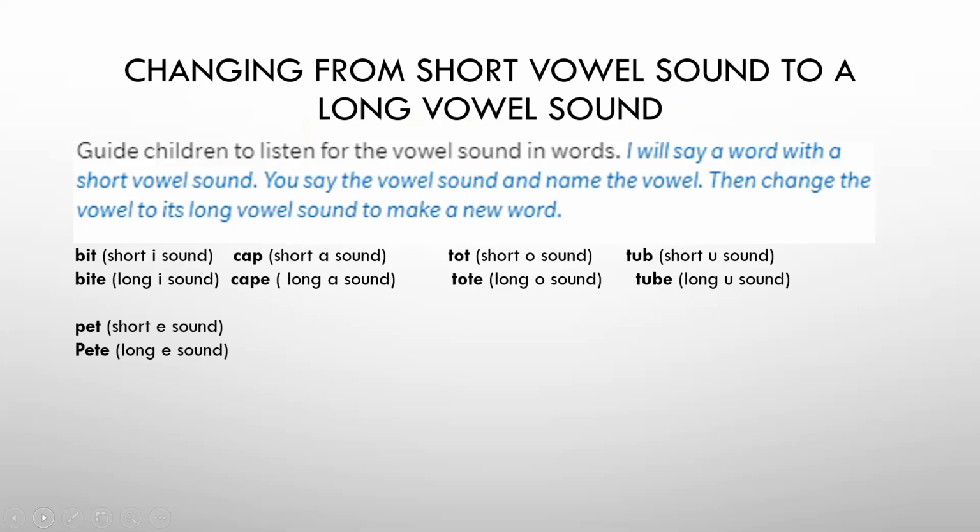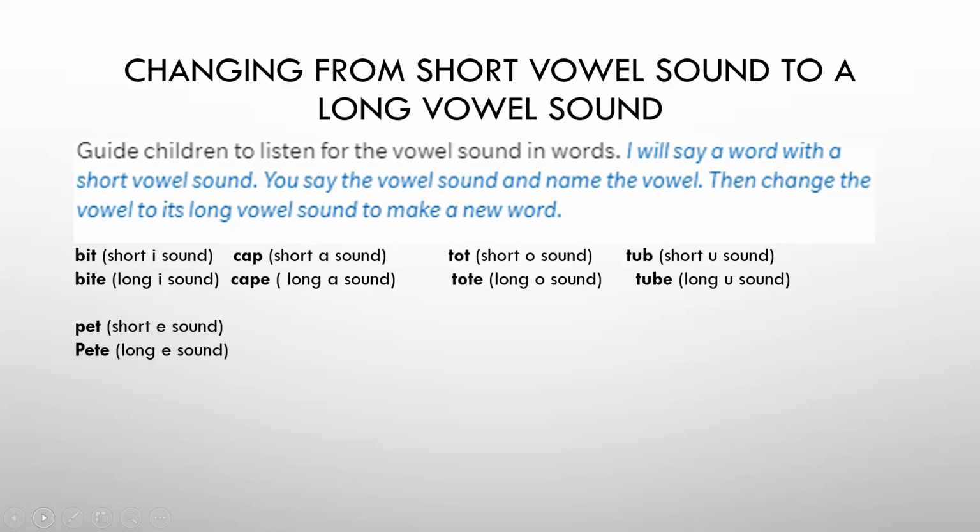Okay, so what we need to talk about now with our vowels is changing from a short vowel sound to a long vowel sound. So I'm going to say a word with a short vowel sound, and you say the vowel sound and name that vowel. Then I'll change it to its long vowel sound to make a new word. So my first word is bit.